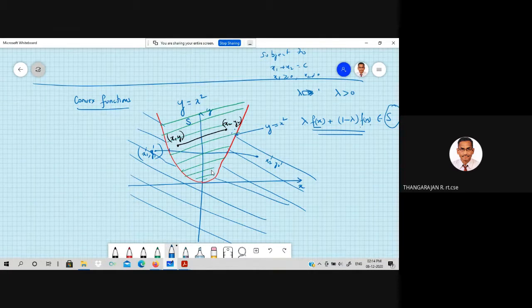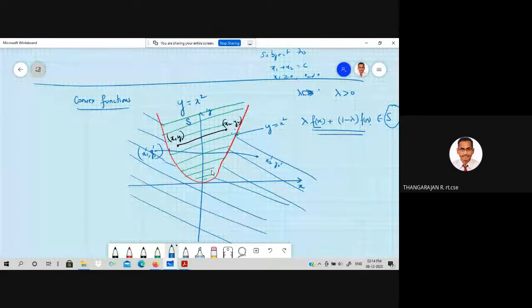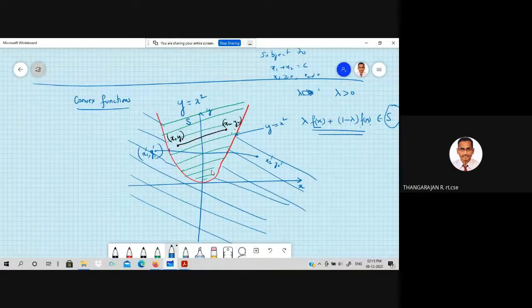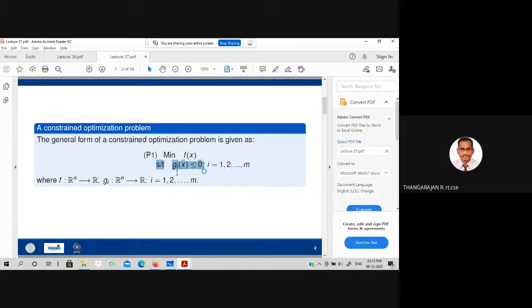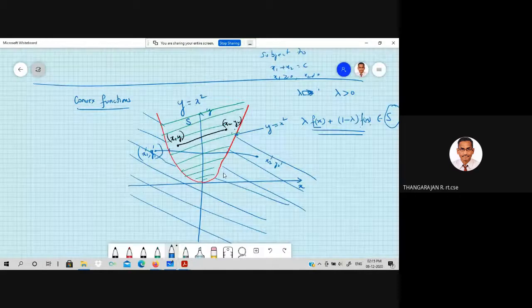Inside this region, the value of y will be greater than x square, whereas outside the region, the value of y will be less than x square. So what is the constraint? The constraint says, in this case, some function of x which is less than or equal to 0.